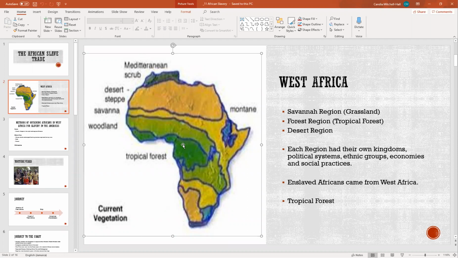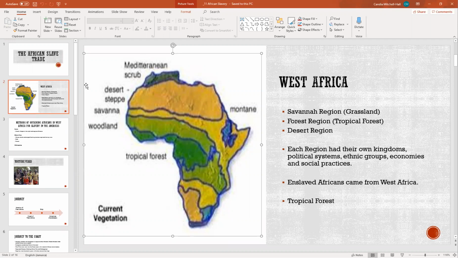And so not only is Africa diverse when it comes to culture and people, songs and religion, dress, but Africa is also diverse in terms of its vegetation or its regions.